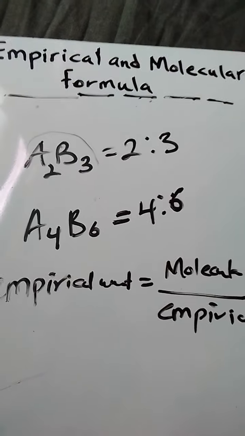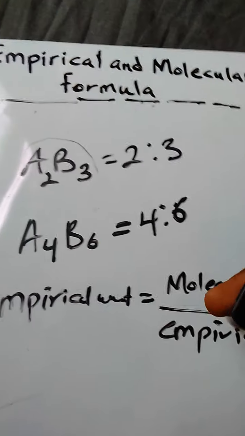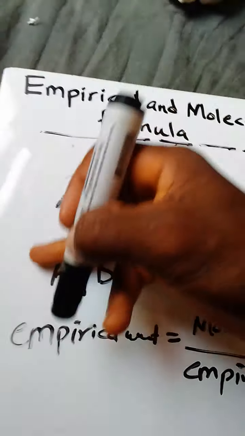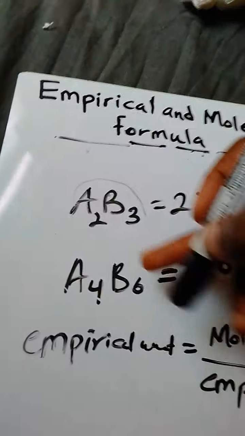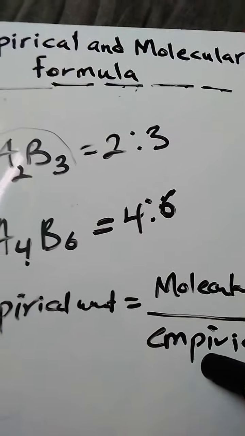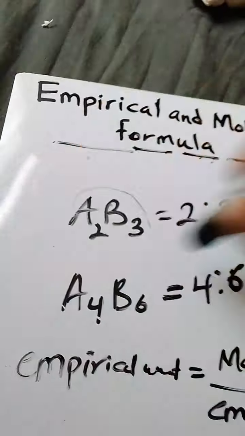So the molecular mass is the mass of the molecular formula, then the empirical mass is the mass of the empirical formula.